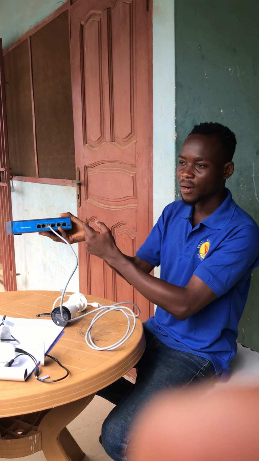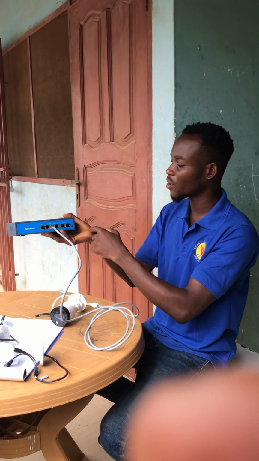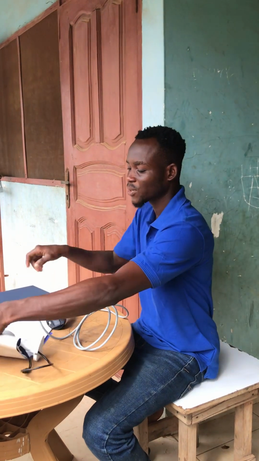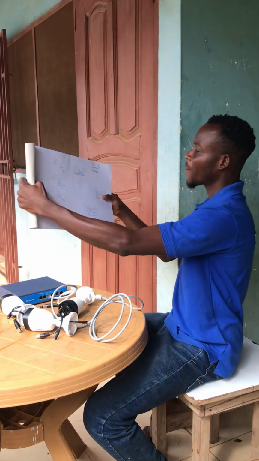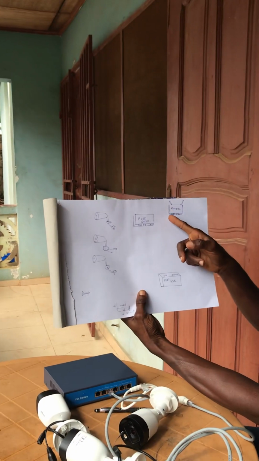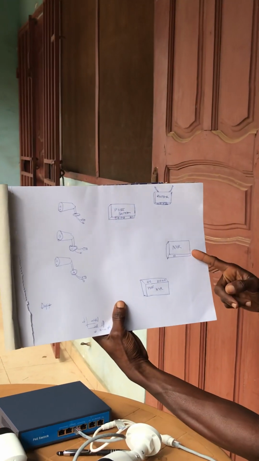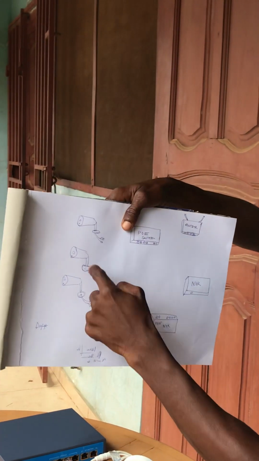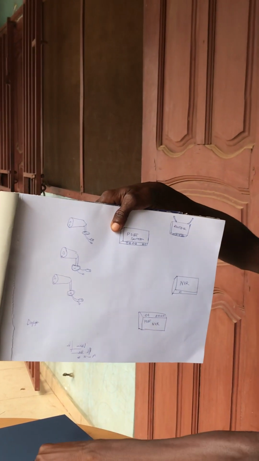Maybe you're using an MTN router, Vodafone or whatever. You connect your router to this place, as shown on the paper here. On the paper we have a router, the PoE switch, the NVR, and then we have a PoE NVR, and these are IP cameras.